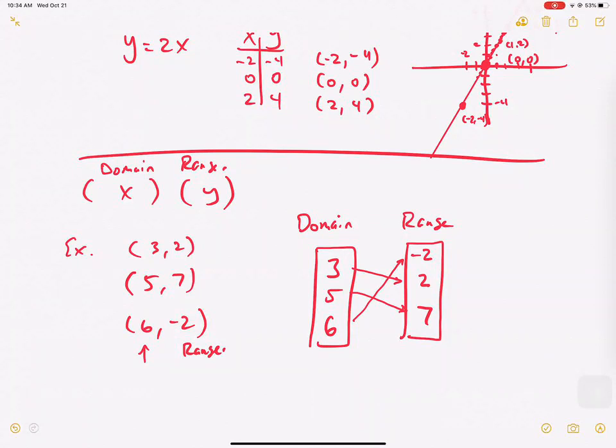Now, if we go from points to domain and range, we can now go back, if you have those arrows connecting them. 3 goes to 2, sorry. 3 goes to 2, 5 goes to 7, and 6 goes to -2. See, we're just following the path.